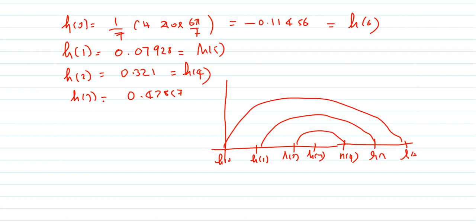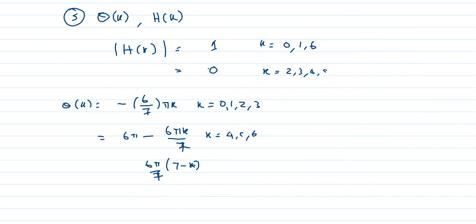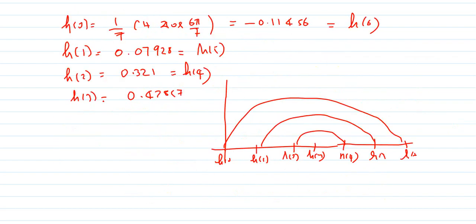So in this case, when n is odd, all values will exist. Now we have got the filter coefficients. This is how you design an FIR filter using the frequency sampling method. Okay, thank you.